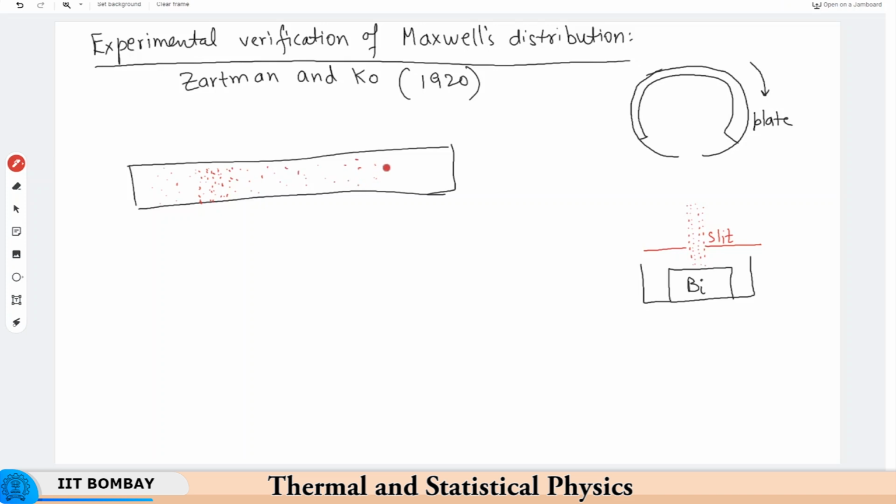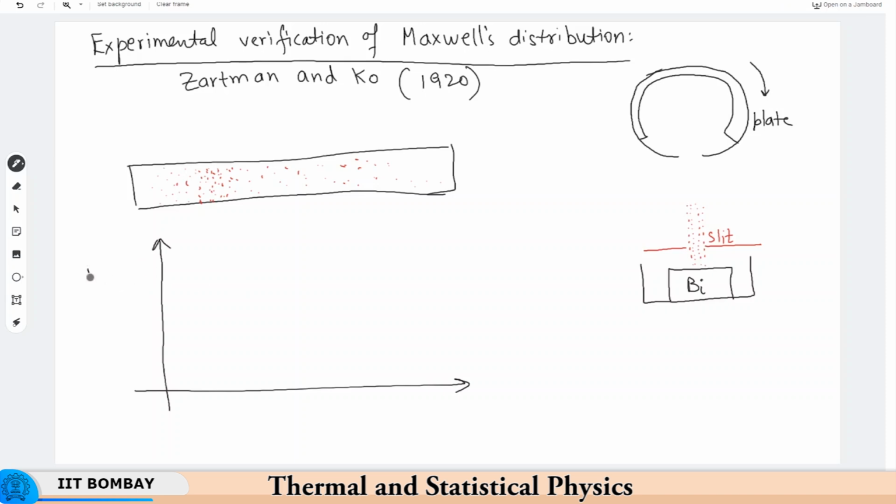What they did was plot the amount of atoms deposited on this plate, which can be characterized by how much the plate has blackened.